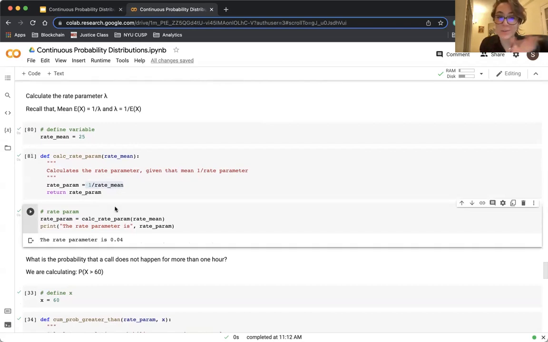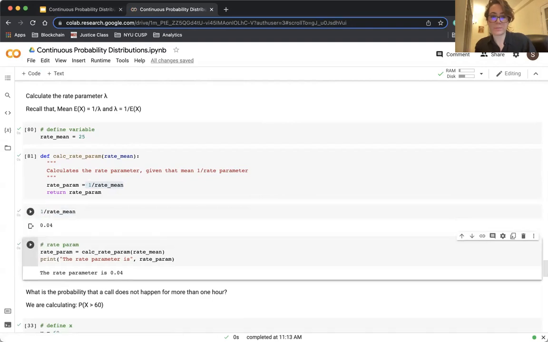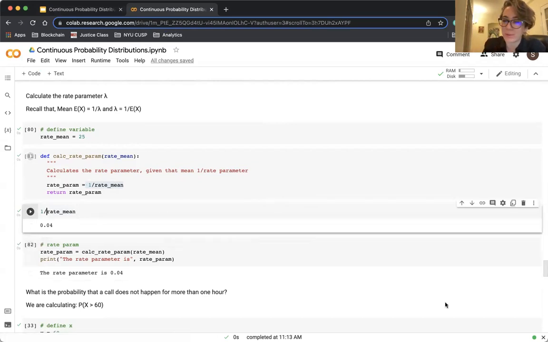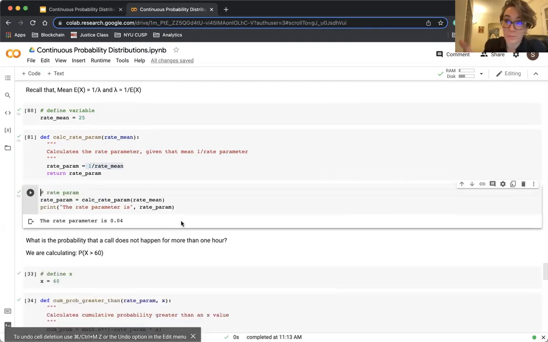You could just as easily use a calculator outside of Python to do this, or you could also use Python to say rate is 1 divided by the mean, and it would return the same exact thing. I just use this function to create these building blocks that could be used for other things, and just to simplify and use Python for the power that it can provide.